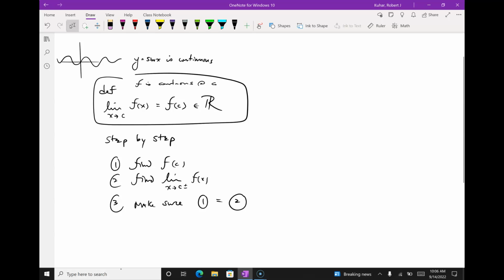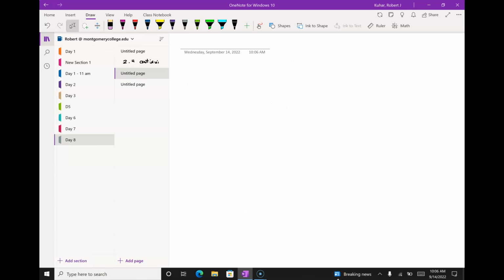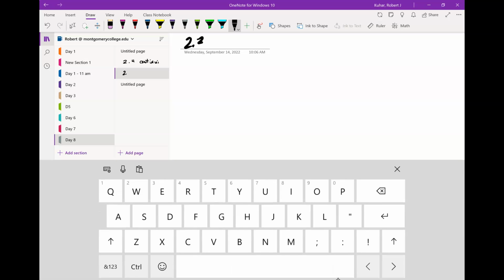So I'm looking at number 40 here, in section 2.4.